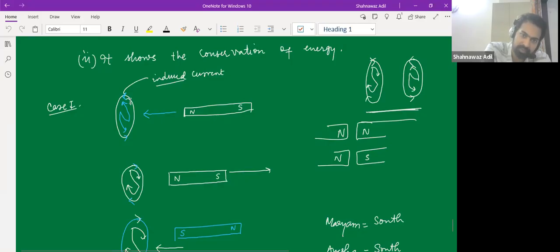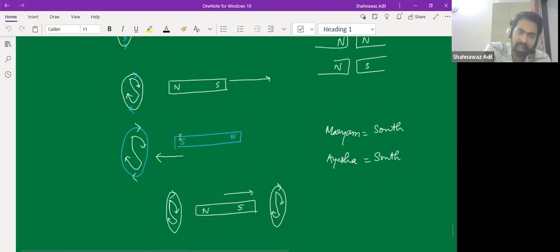Understood? Yes. And then after that, I talked about that, let's say that the magnet is going in the opposite direction. It is going away. So what should this current do? It should attract or repel to oppose the motion.